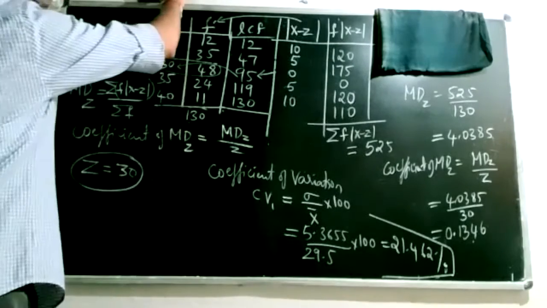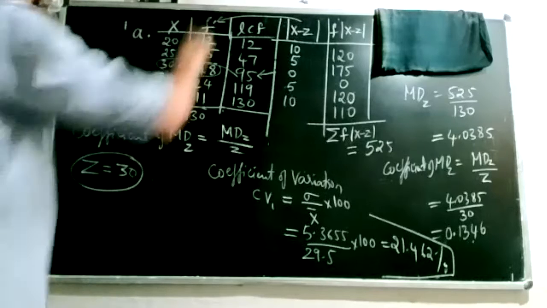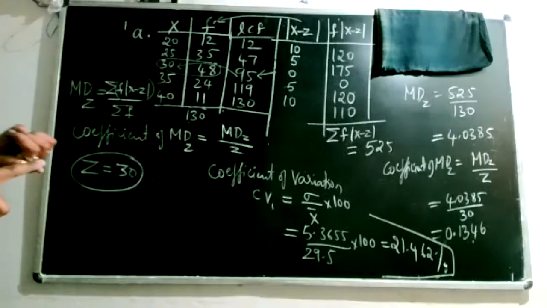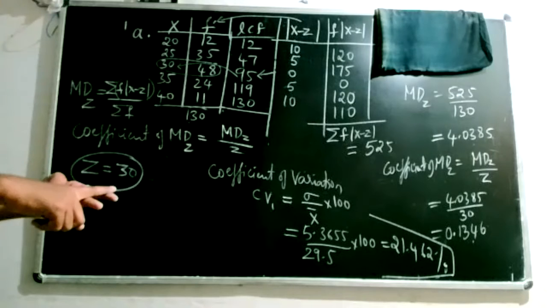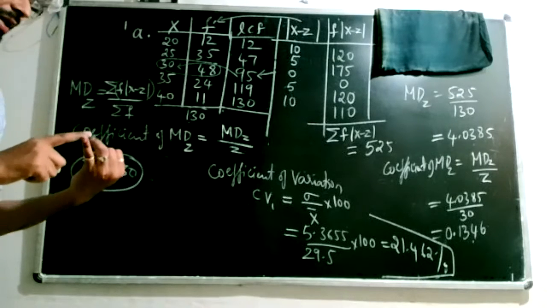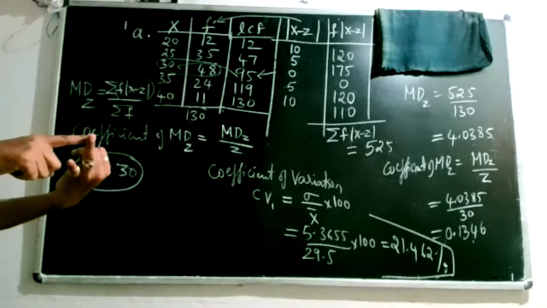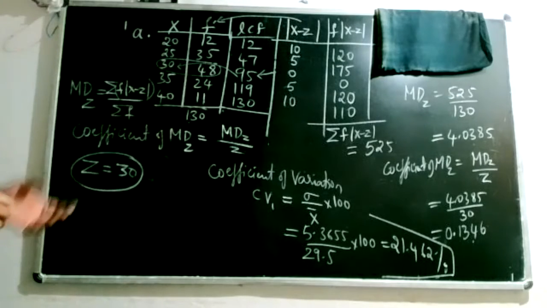So I'll wind up the session here. We have learned how to compute various measures of central tendency, position, skewness, and dispersion for raw data, that is only when X values are given, and discrete frequency data where X and F are given. Tomorrow we'll talk about a problem with continuous frequency distribution.